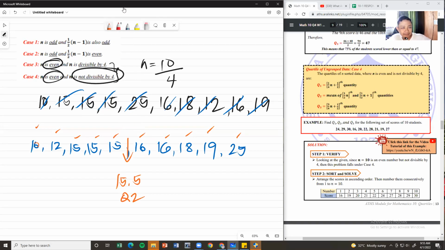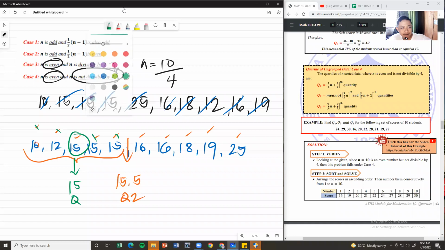Okay, now let's have this from here to there. Let's balance. Ready? Okay. Exactly. That's our quartile 1. 15 is our quartile 1.